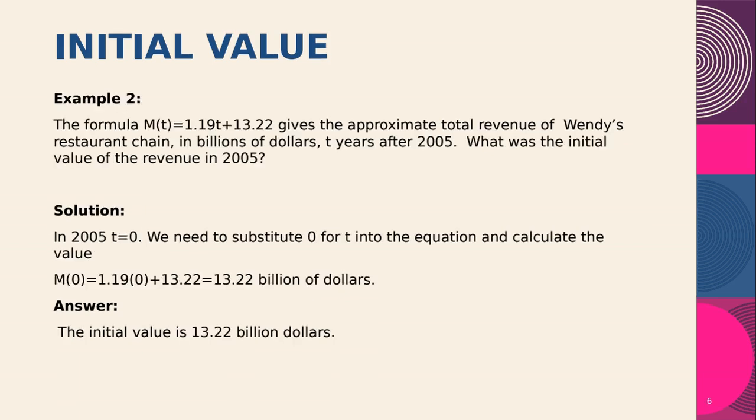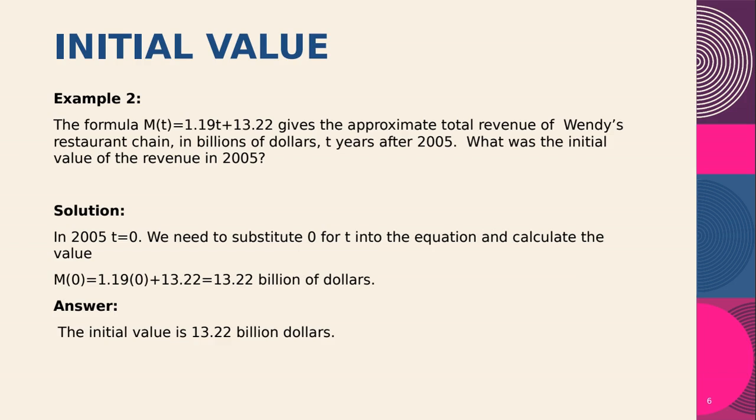Next example. The formula f of t is equal to 1.19t plus 13.22. It gives the approximate total revenue of Wendy's restaurant chain in billions of dollars, t years after 2005. What was the initial value of the revenue in 2005?